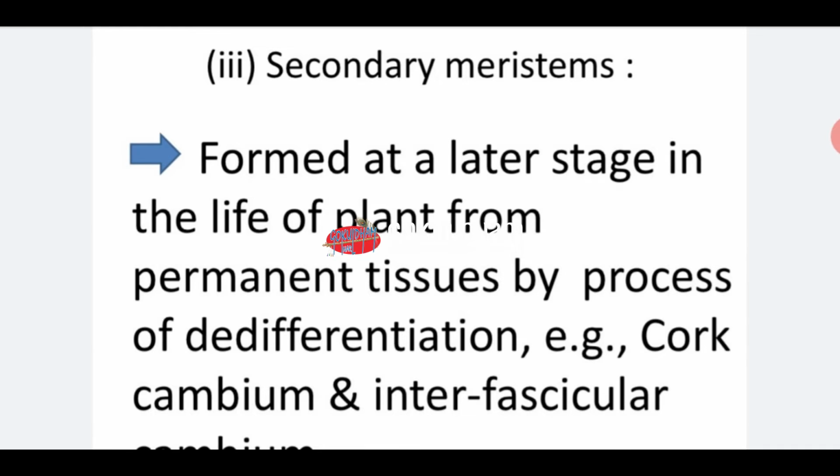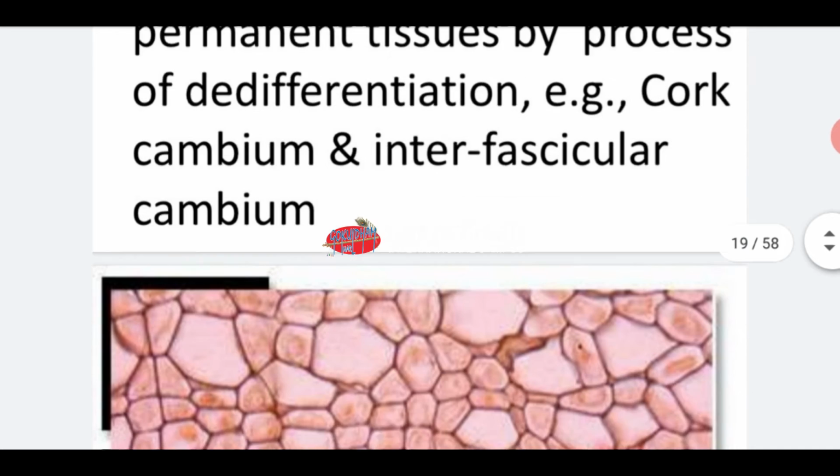It forms the permanent tissue by the process of de-differentiation. मीन्स जो सेकेंडरी मेरिस्टेम में होते हैं वो डी डिफ्रेंशिएशन के द्वारा प्राइमरी परमानेंट टिश्यू में से डी डिफ्रेंशिएट होकर कन्वर्ट होते हैं सेकेंडरी मेरिस्टेम में एंड रिगेन द कैपेसिटी टू डिवाइड. The examples of secondary meristem are cork cambium and interfascicular cambium.